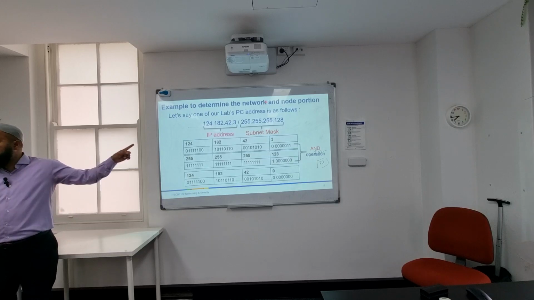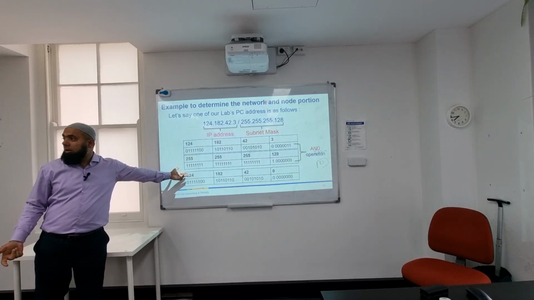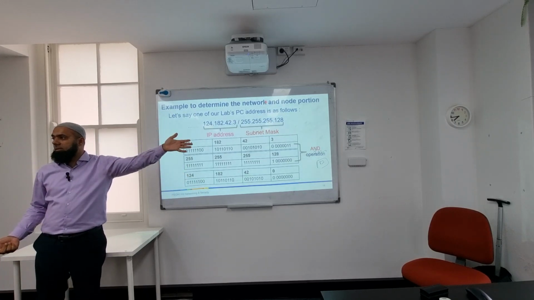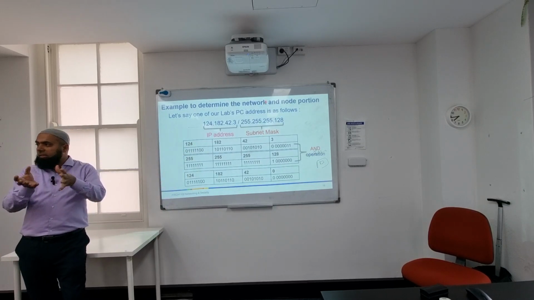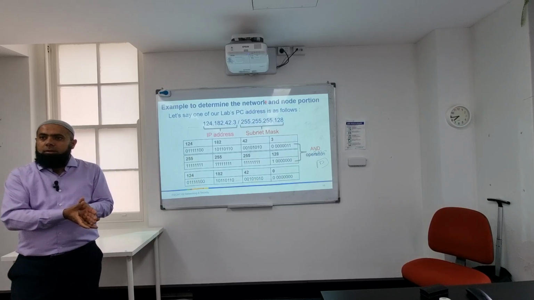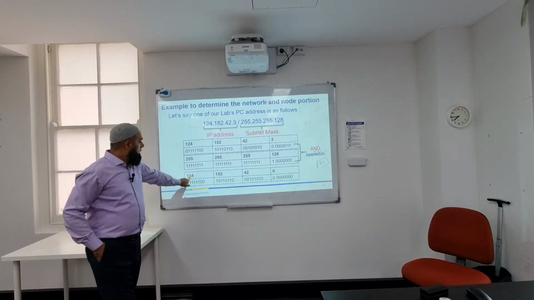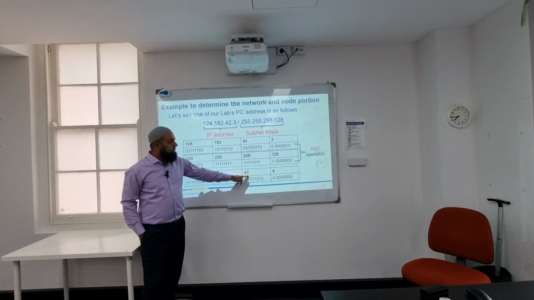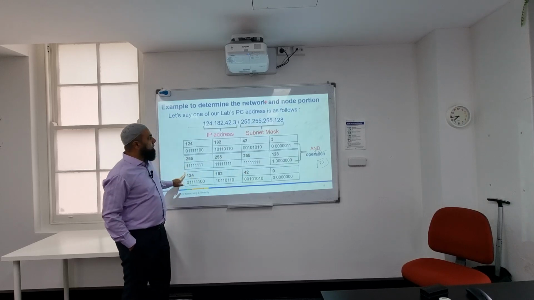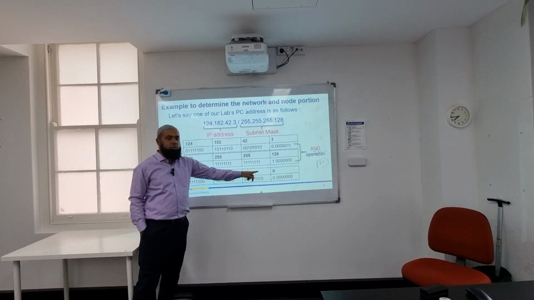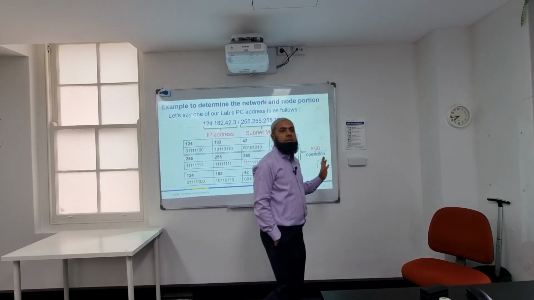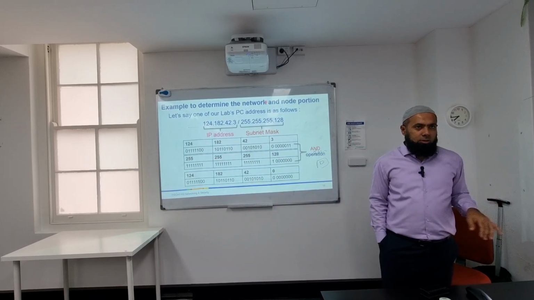So that's what we are doing, the local IP. We are reaching the local IP address by using this, because this is the network address of that local network. So this is my network ID, the network portion, 124.182.42.0. This is the network ID of my local computer.